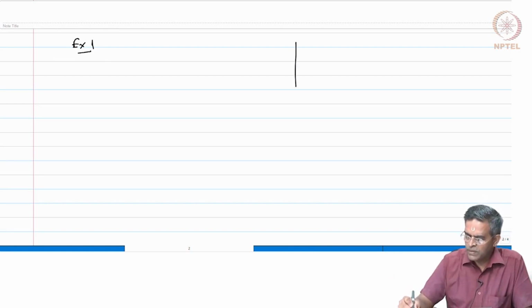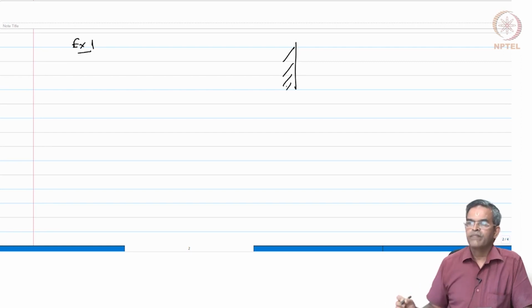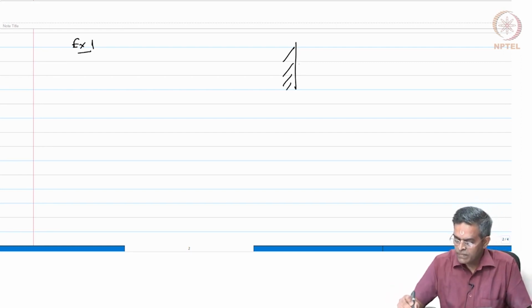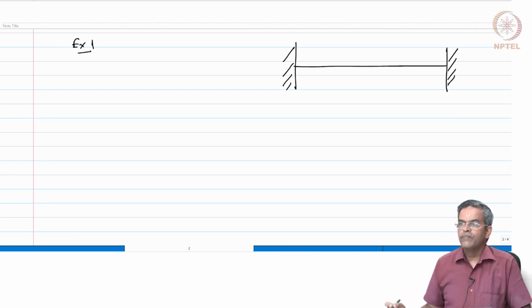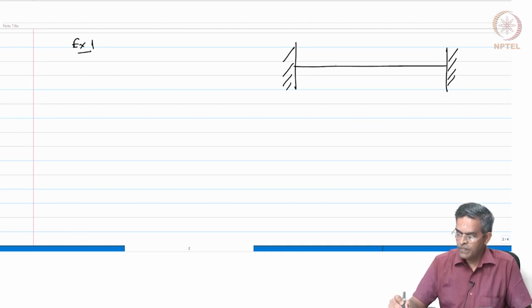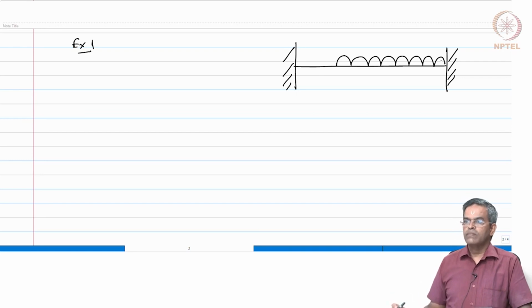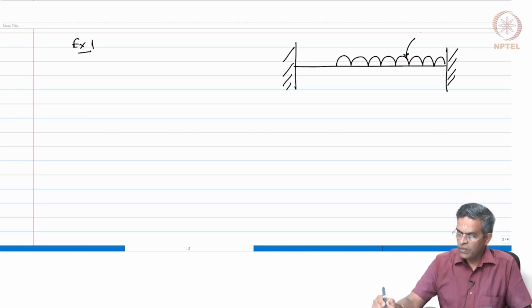let us say we have a fixed beam subjected to a load as shown in the figure. There is a UDL of 20 kilonewton per meter.